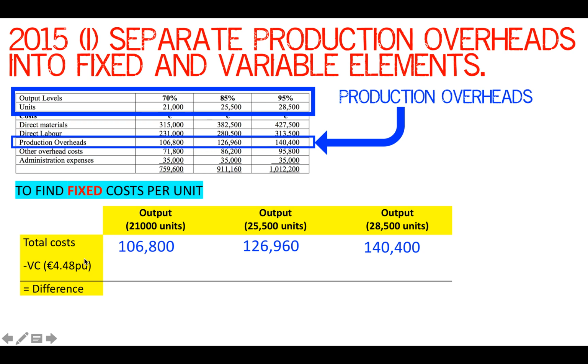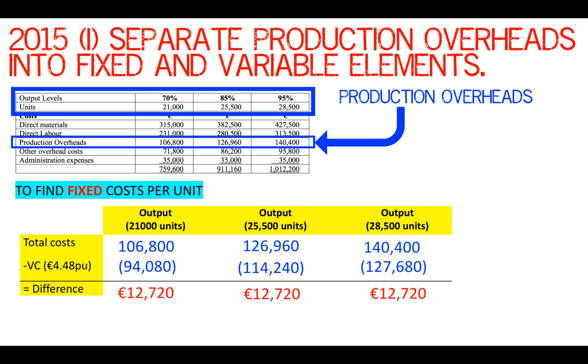But now, thanks to the high-low method, we've worked out our variable cost per unit is €4.48. So if we multiply the number of units by €4.48, we're going to work out what the variable costs are across the board.